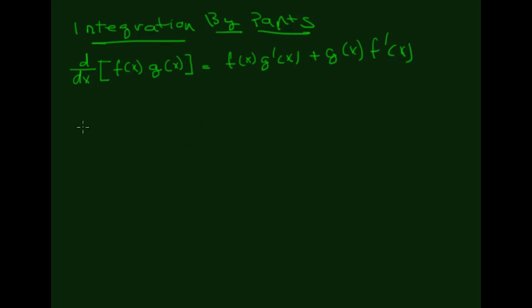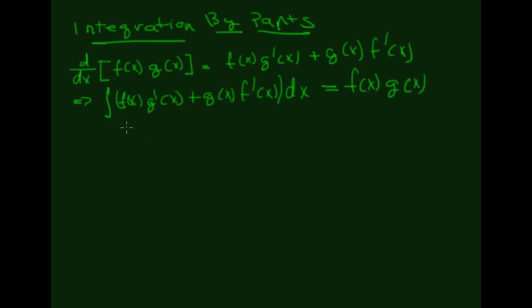All right, so what we're going to do is take the antiderivative of both sides here. If I take the antiderivative of the right-hand side, I'm going to get the antiderivative of f of x times g prime of x plus g of x times f prime of x dx. And if I take the antiderivative of the derivative, I just get back the product.